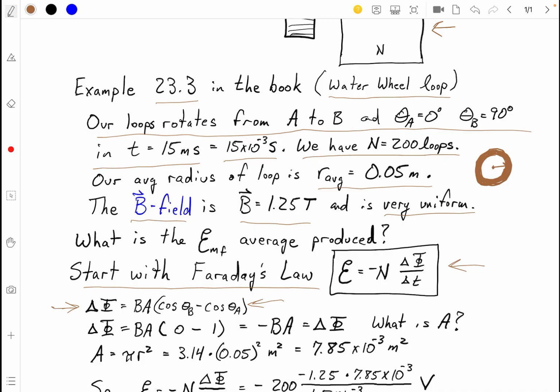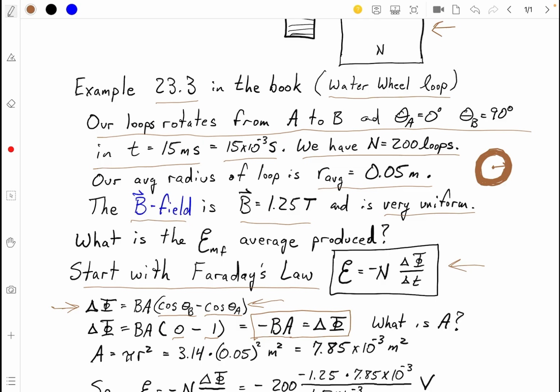If we take the cosine of 90 degrees, cosine of 90 degrees is 0. The cosine of 0 is 1, but we've got our minus sign here. So that means that minus 1 times BA is equal to our delta phi, our change in magnetic flux.